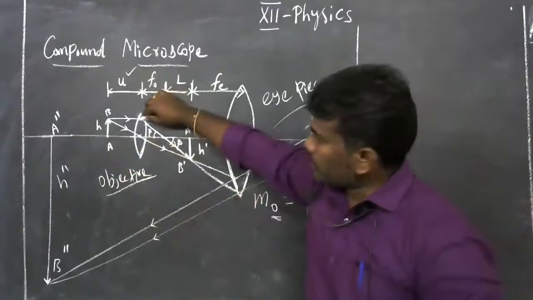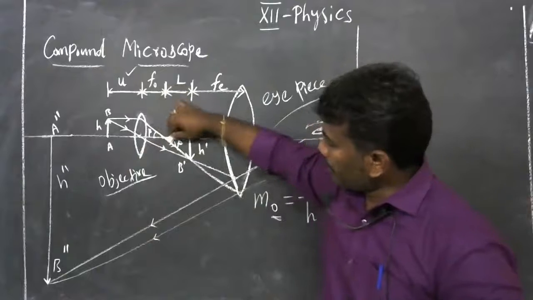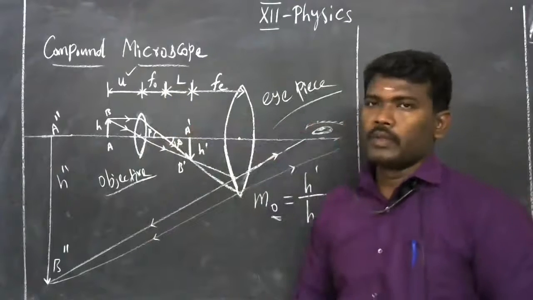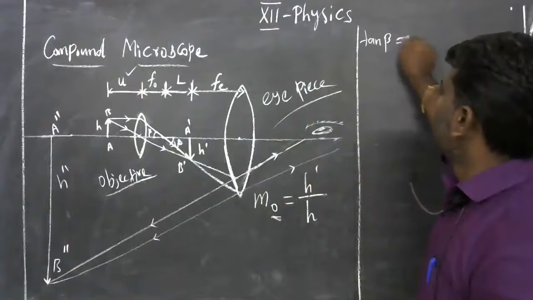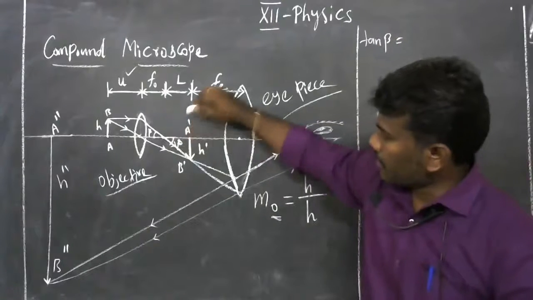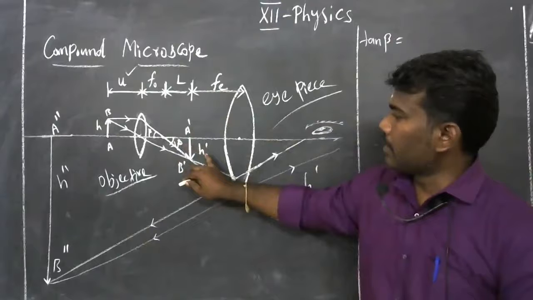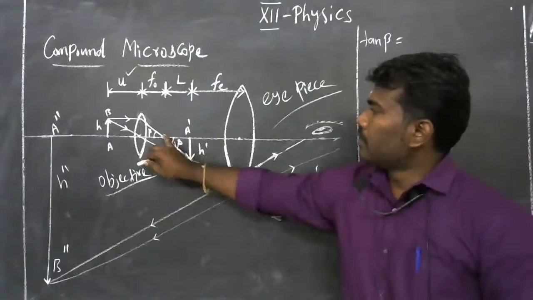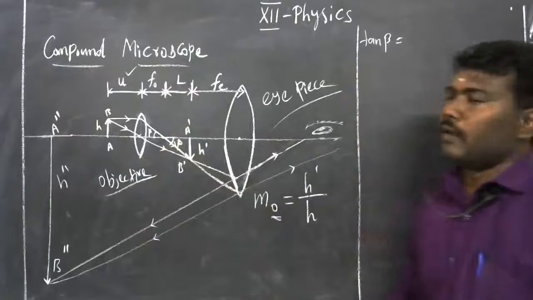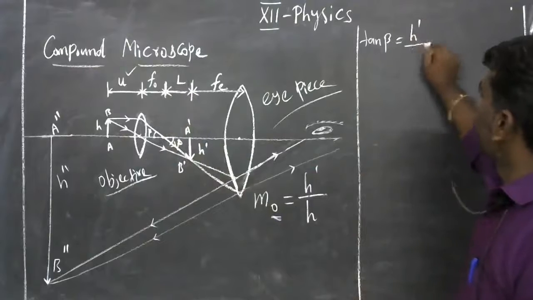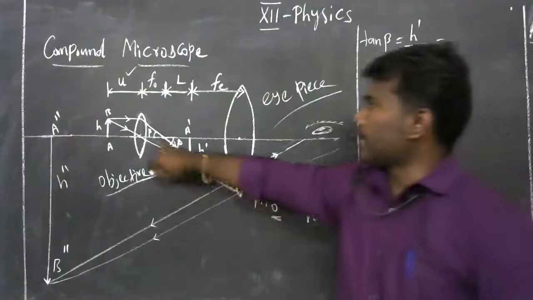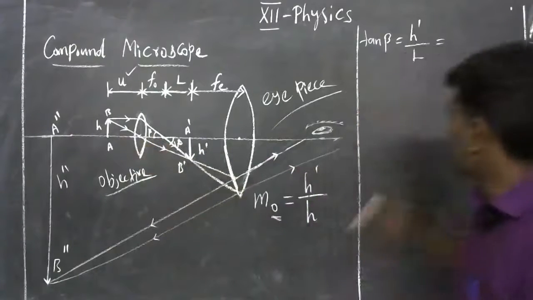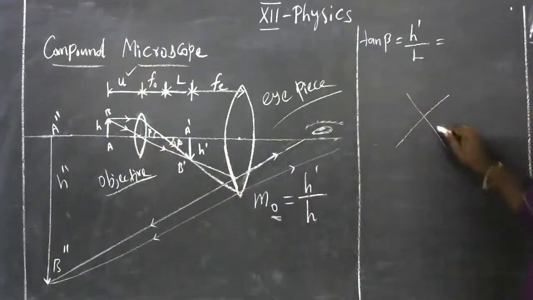Now I am going to write the equation with the help of the angle beta. Consider this triangle and this triangle. First consider this triangle: tan beta is nothing but H dash divided by L, where this distance is taken as L. It is also equal to, here also we have the same angle beta, because if two lines cross like this, this angle is equal to this angle.